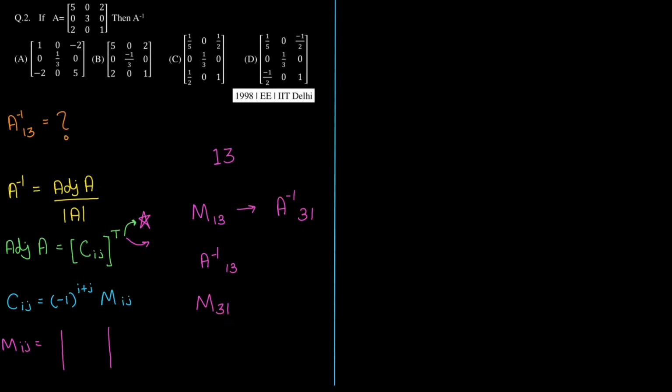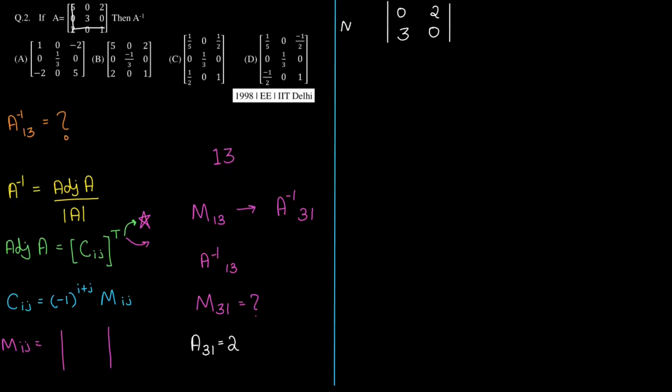And for the third row and the first column, we have the element as 2. Now when you see the matrix, we have to ignore the first column and the third row elements. That means we have to take the matrix as 0, 2, 3 and 0. And now we need to find the determinant of this matrix.